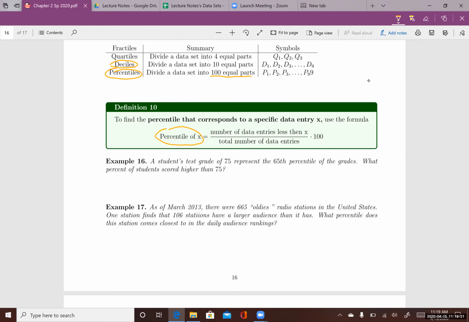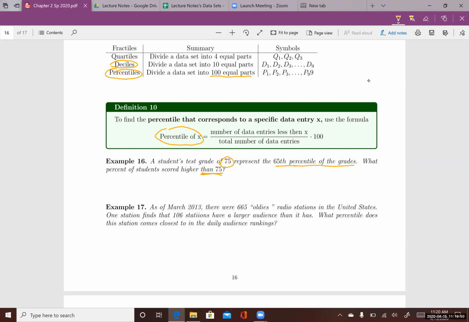So look at example number 16. If a student's test grade of 75 represents the 65th percentile of the grades, what percent of the students score higher than 75? Again, the percentile represents the number of data entries below over the total number of data entries.